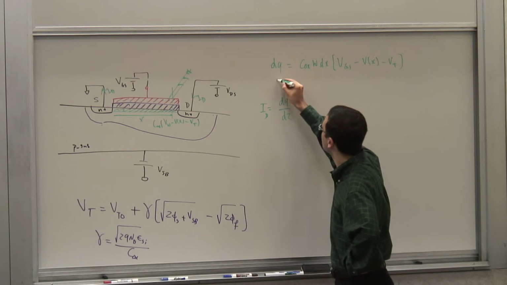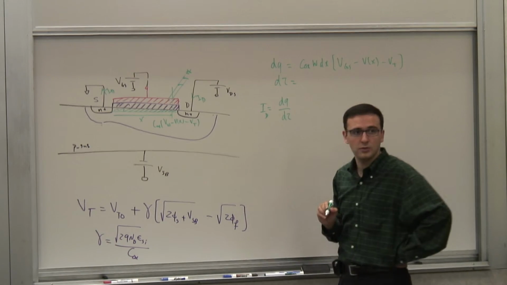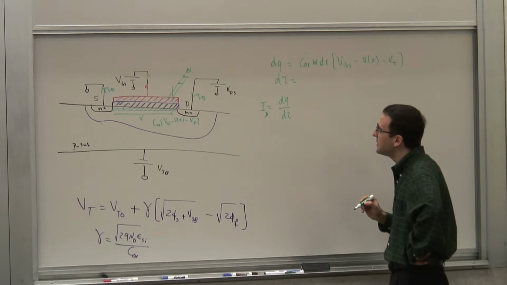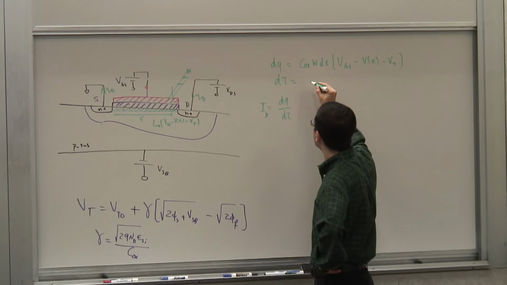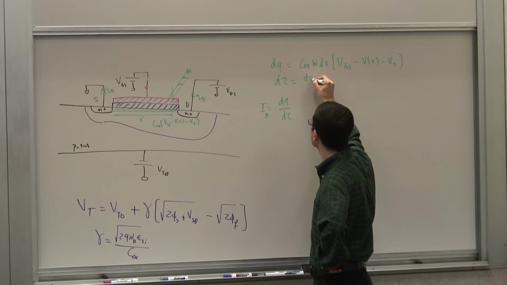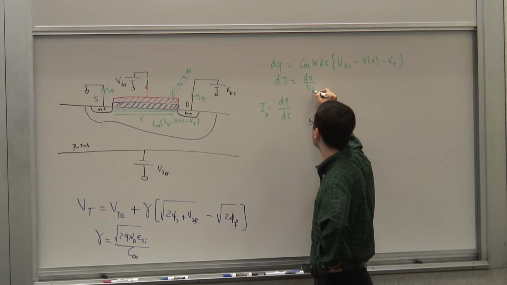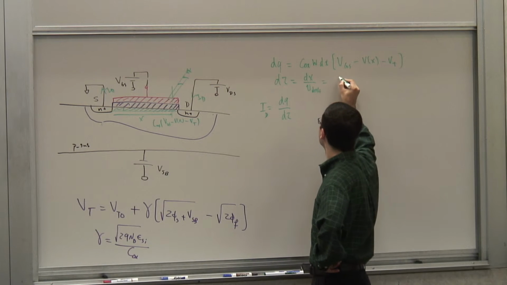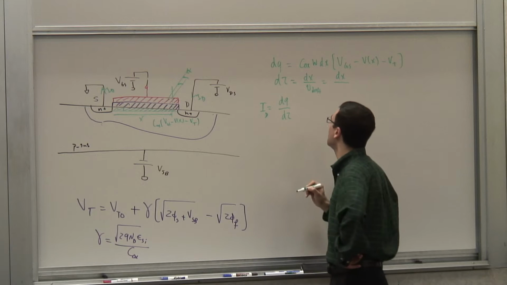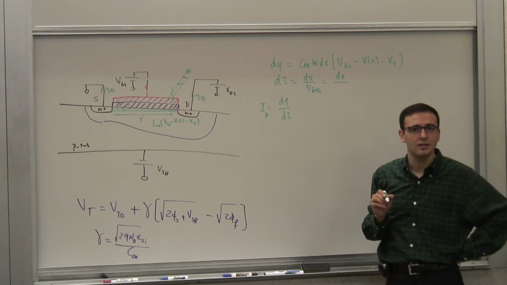And what was that time? We calculated that too. So quickly review this. Here, d tau was what? It's the distance dx divided by the velocity, v drift. Now the v drift here is what?